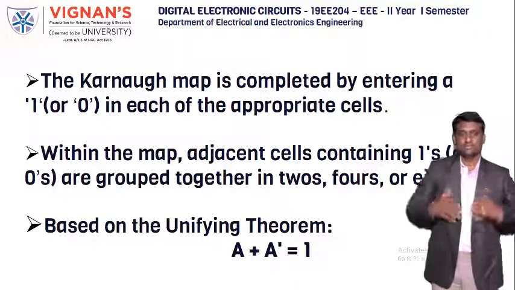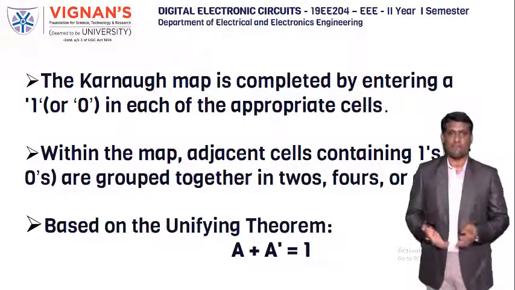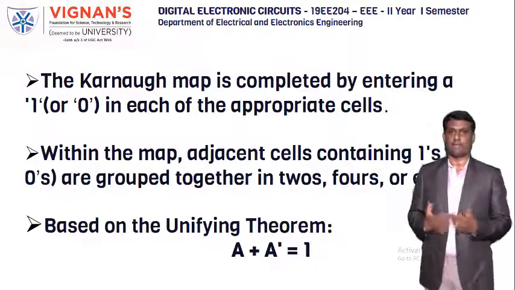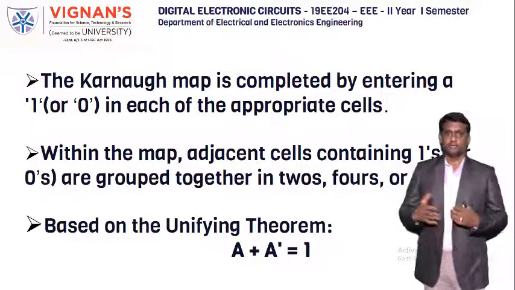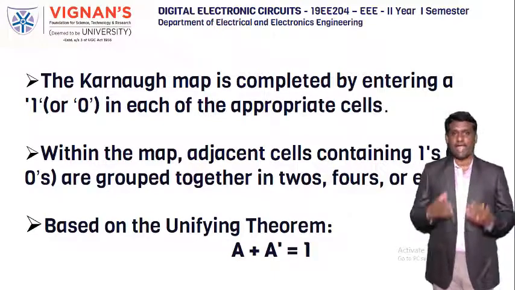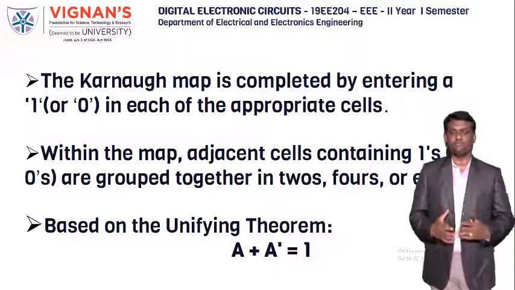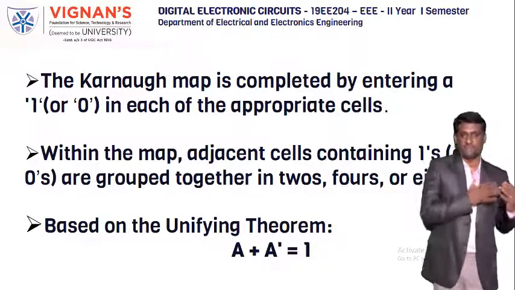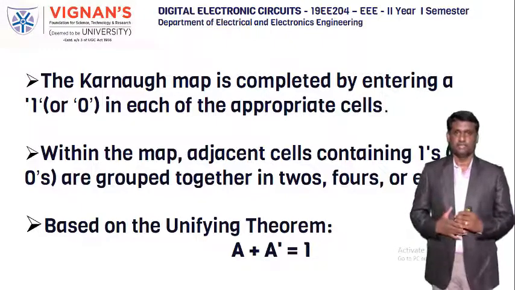Now we will discuss how to simplify the K-map after its representation. The first step we have already seen: the K-map is completed by entering ones or zeros in each appropriate cell from the truth table or from the Boolean function.